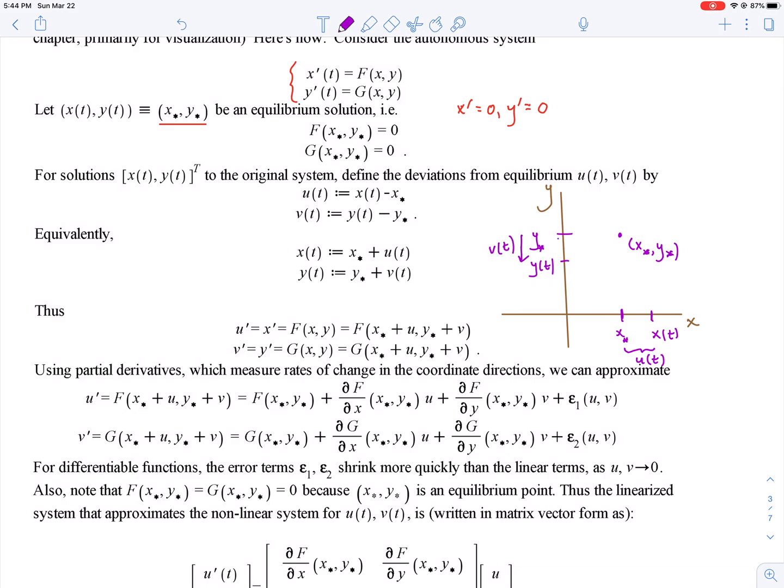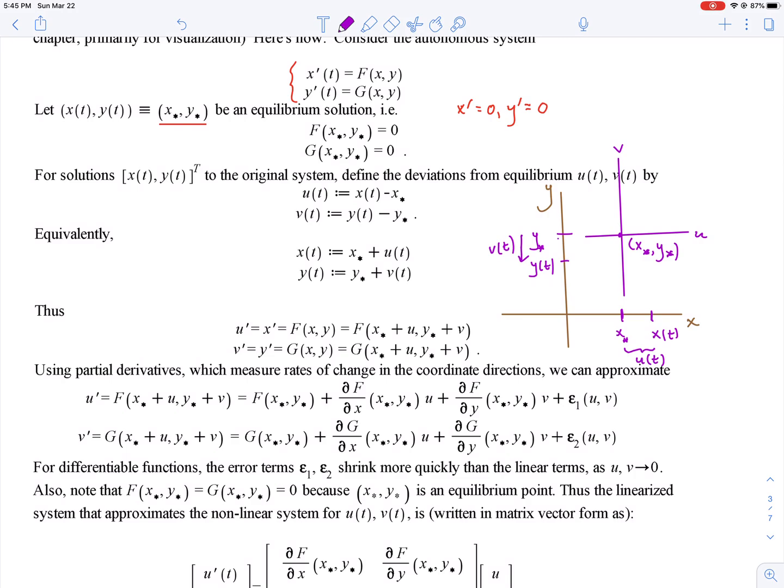So what this means geometrically, for example, if x equaled x star and y equaled y star, u and v would be 0. What this means geometrically is that it's as if we're making a new coordinate system, a uv coordinate system, based at the point x star, y star.